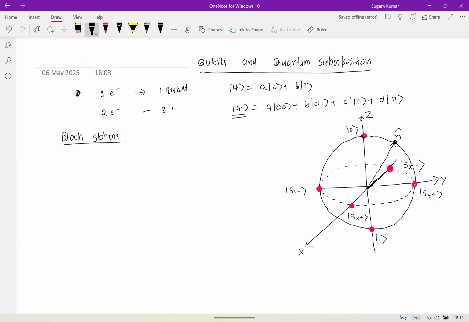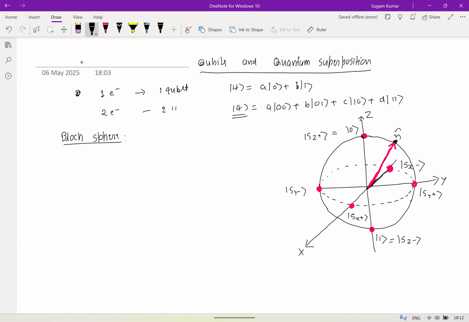So this is the rotation of the spin vector around the sphere. The tip always moves on the sphere, representing different orientations, and accordingly we define these different spin vector states: Sy, Sz. This we call the Sz negative, and this we call the Sz positive. So we will use this Bloch sphere concept today to understand the gates.